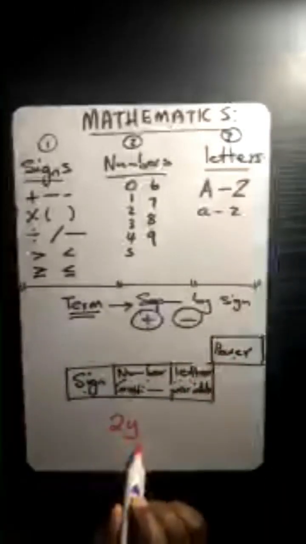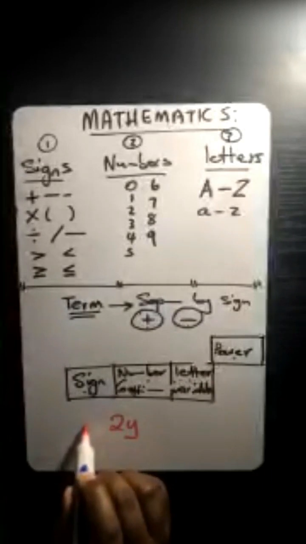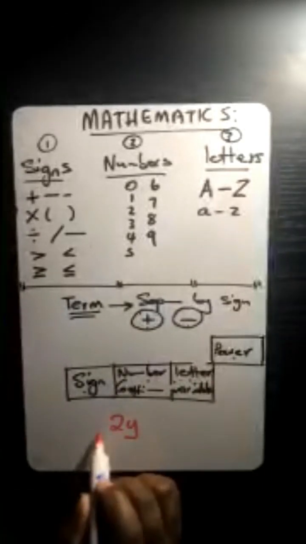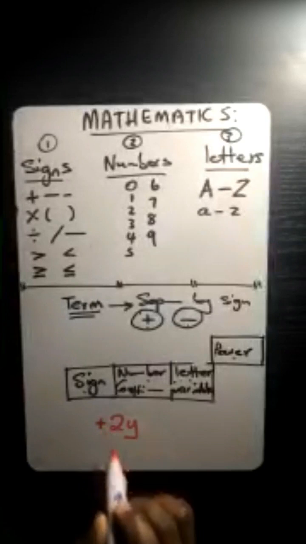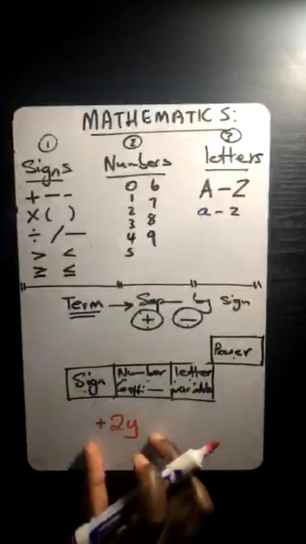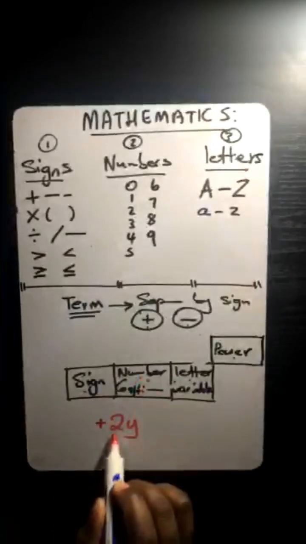In this case, if you've got no sign there, it means it is an invisible positive. So that is the sign of that term. And then the number is 2.